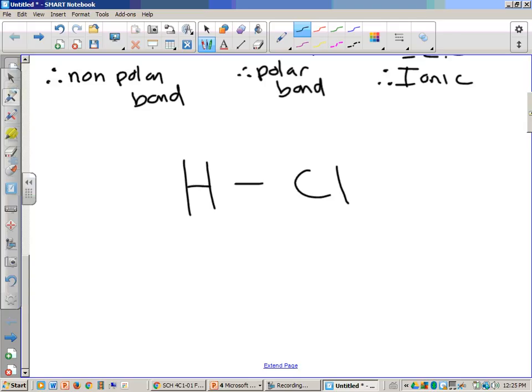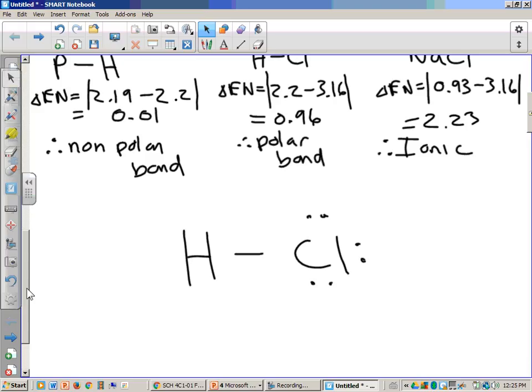So here's what we have. Here's our regular electrons. And there's a pair of electrons in here. And the delta EN is polar. And you'll notice that chlorine has a greater pull on the electrons.